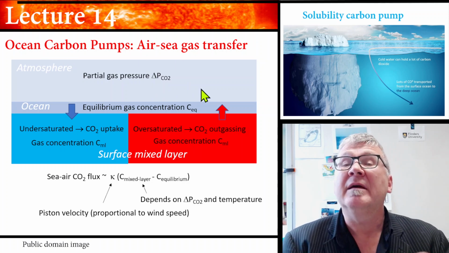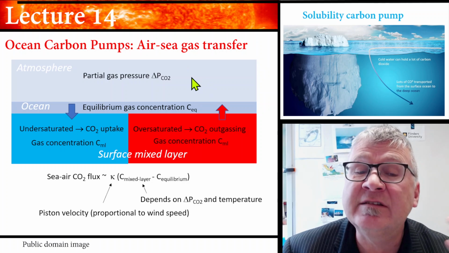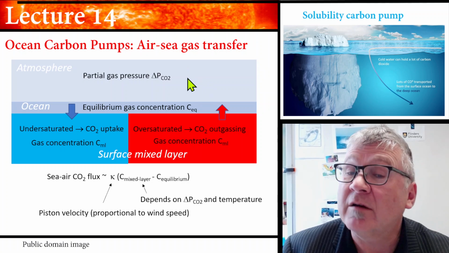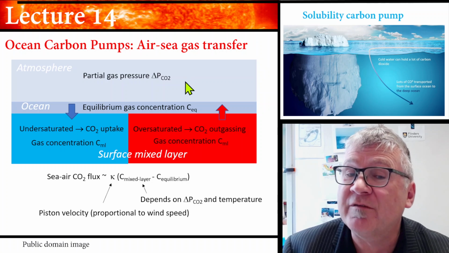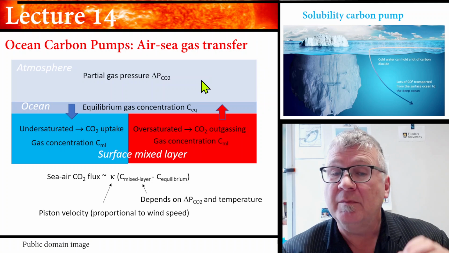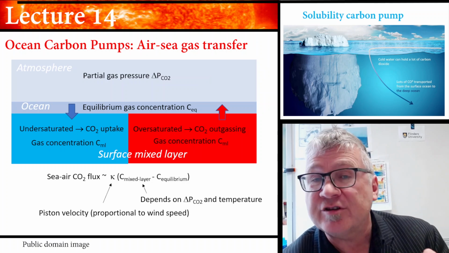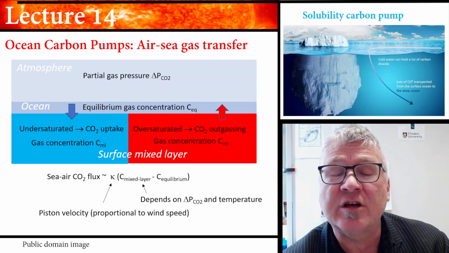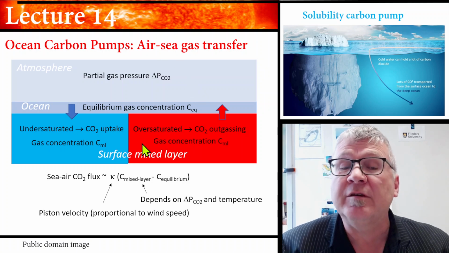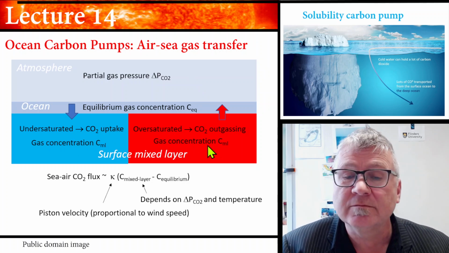It can be expressed by a certain partial gas pressure. CO2 in that mixture of gases can be attributed a partial gas pressure, a part of the entire pressure in the atmosphere. On the other side, we have a certain CO2 concentration in the ocean.